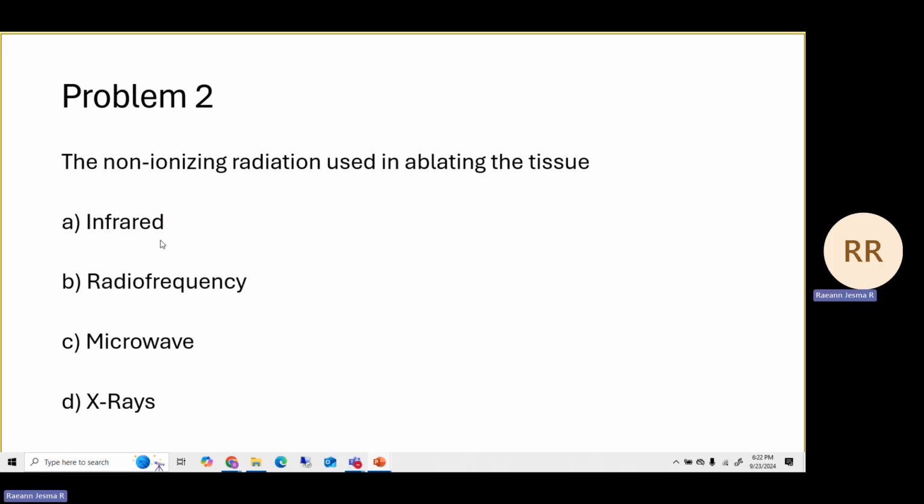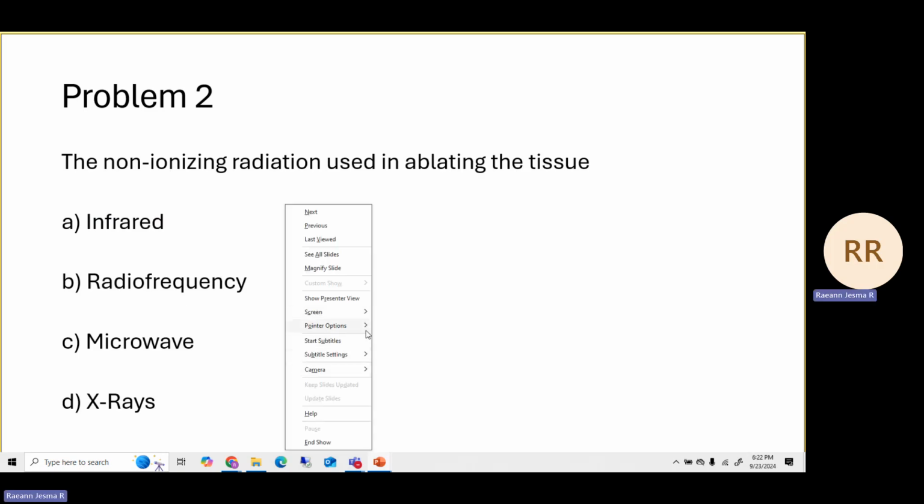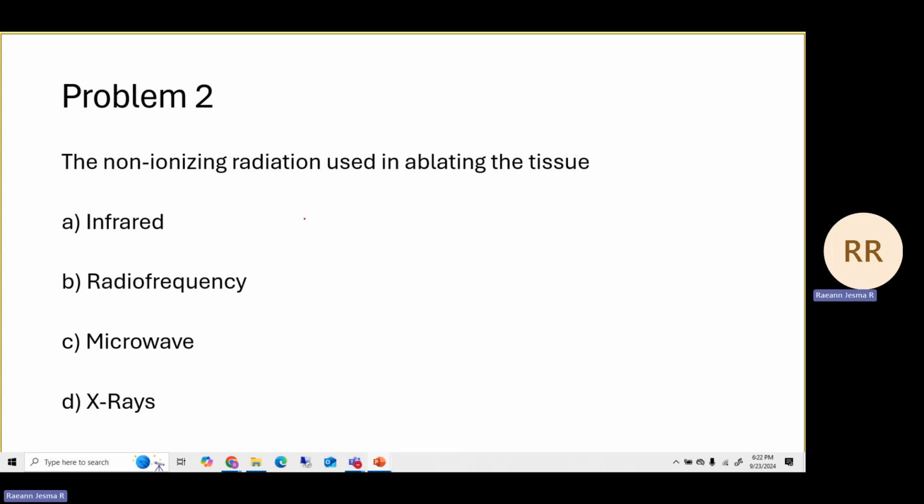Here it is mentioned in the question that the radiation is non-ionizing, right? So we have to look into which one is non-ionizing. We know X-rays are ionizing radiation, so that is wrong. And if you see microwaves, radio waves, and infrared waves, they all come under the non-ionizing spectrum.